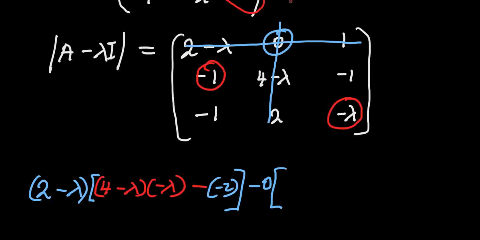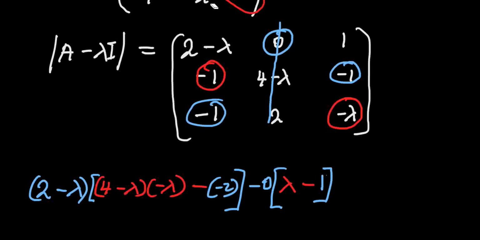So -1 times negative lambda will give us positive lambda, so we just put it here, minus, we also need to use this to multiply this, and that will give us +1. So +1, and then close the bracket. So we are done with that, and we can now get rid of this.